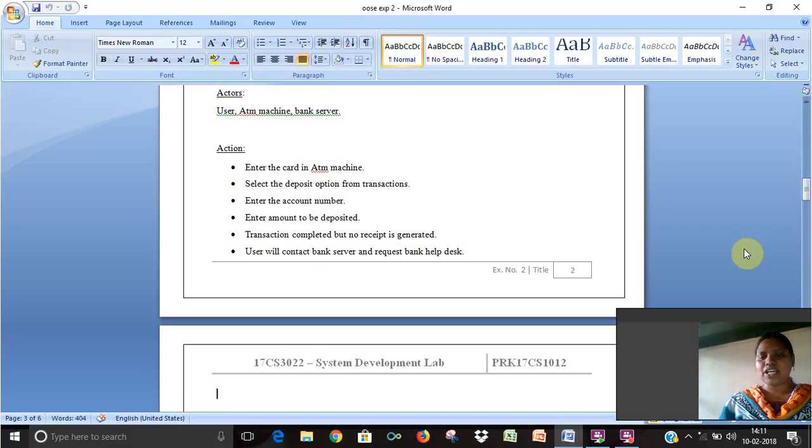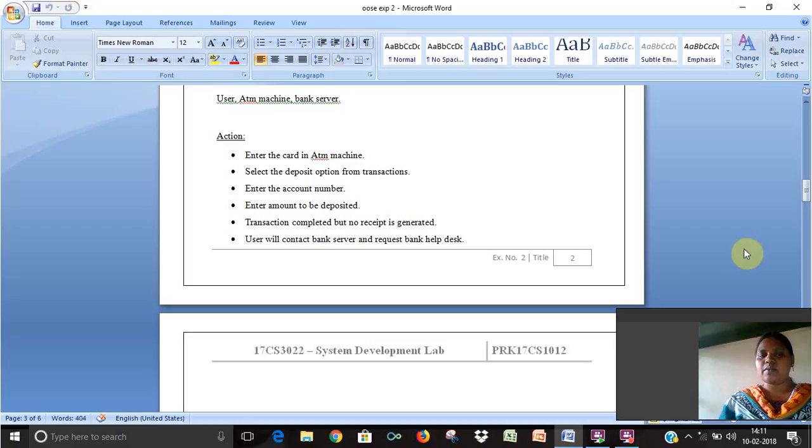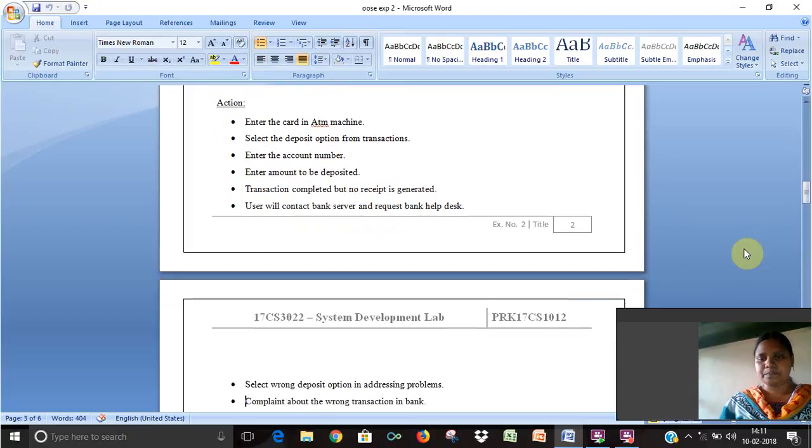The transaction will complete, but the receipt is not generated. Then the user comes to know that it went to the wrong account. Then the user will ask for help from the bank server. From the bank server it will ask for the bank help desk option. The bank help desk has options for problems like wrong deposit, PIN change and ATM theft and so on.